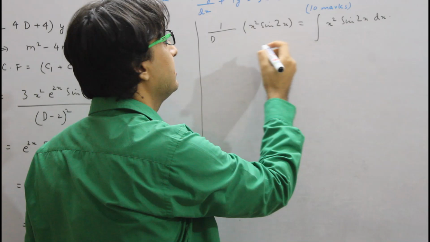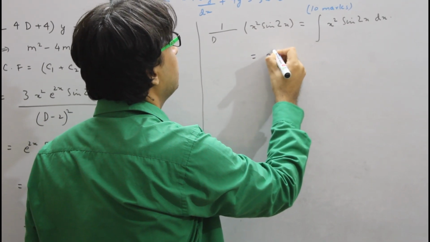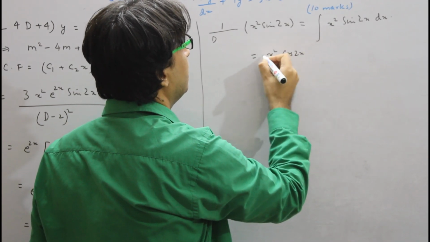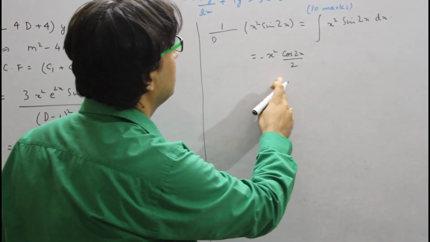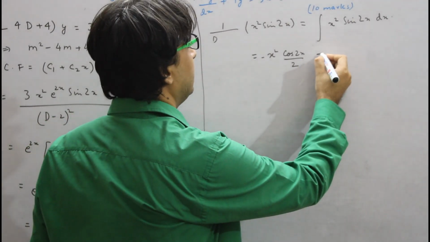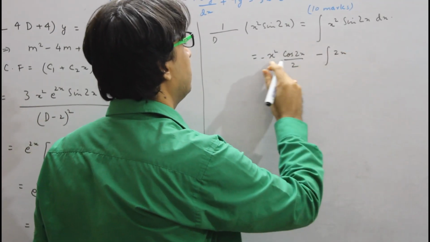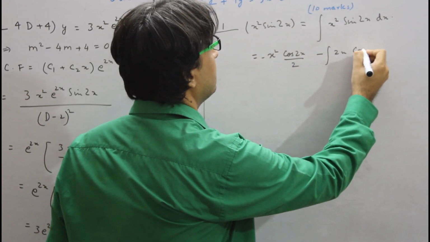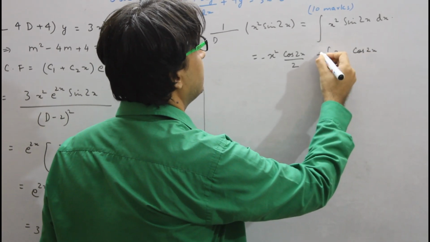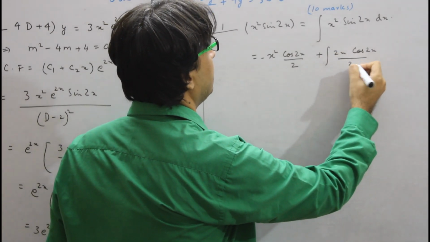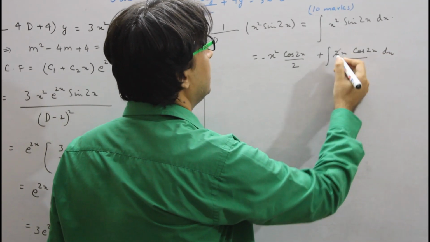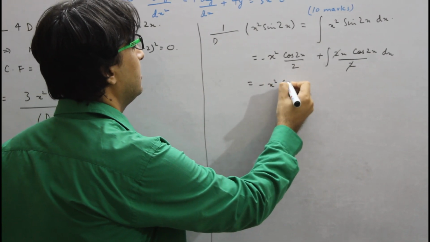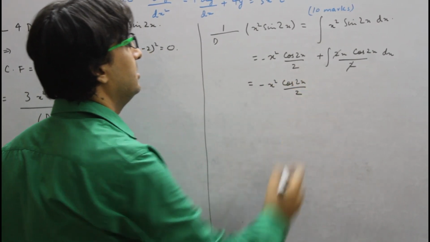So if we integrate this by parts, we can write it as x square, integration of sine is minus cos, and there is an argument, so we will divide it. So minus of 2 times of this integral, because we are differentiating it, and this becomes cos 2x, and minus sign of this becomes plus, divided by 2. So we can cancel this one out. So we can write this as x square cos 2x divided by 2.